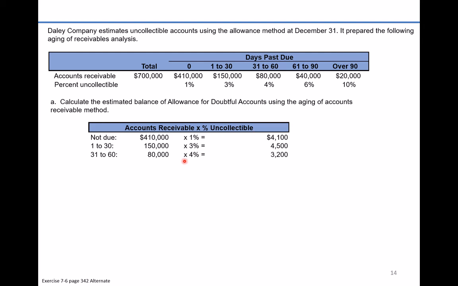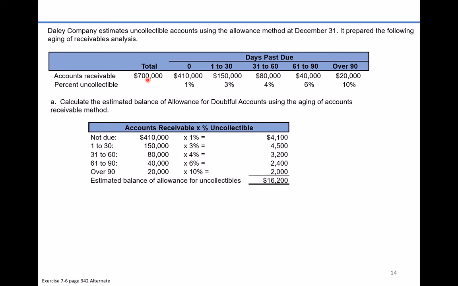We think that out of that time period of $80,000 that's due between 31 to 60 days, we don't think we'll be able to collect $3,200. And we finish out the grid for all of the periods, and then we simply total those all up. So out of the entire $700,000 amount, we believe there is $16,200 that we don't think we'll be able to collect.